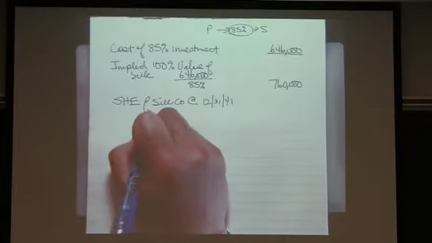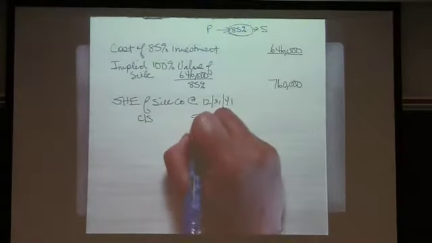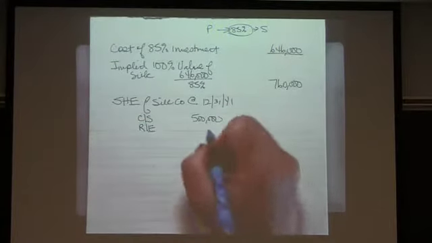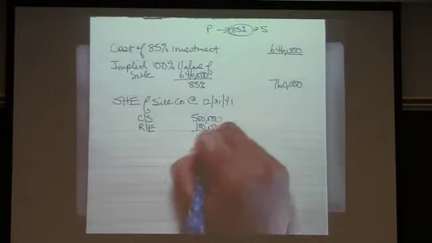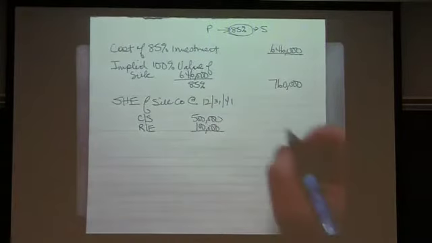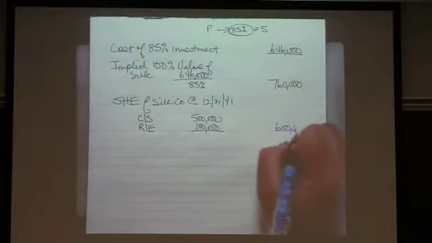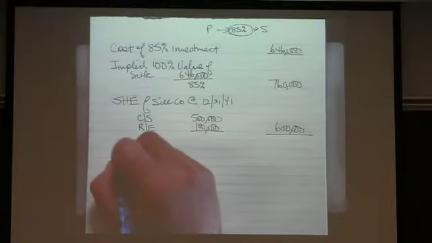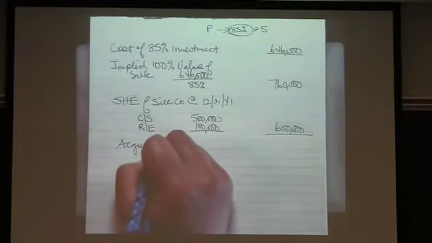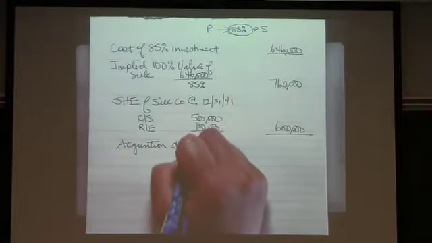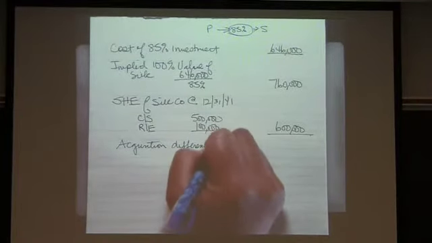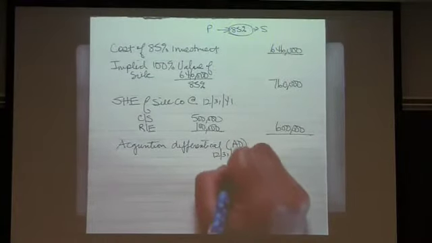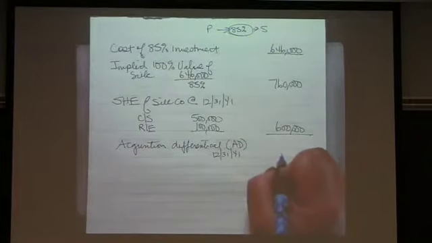So common shares, CS, 500,000. Retained earnings, 100,000. To give us a net book value of 600,000. So now we can calculate the acquisition differential. It's called the AD as at December 31st, year one, for 160.